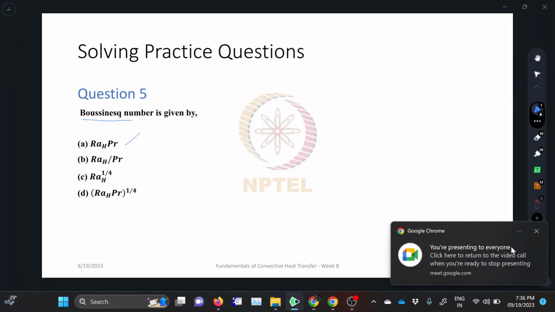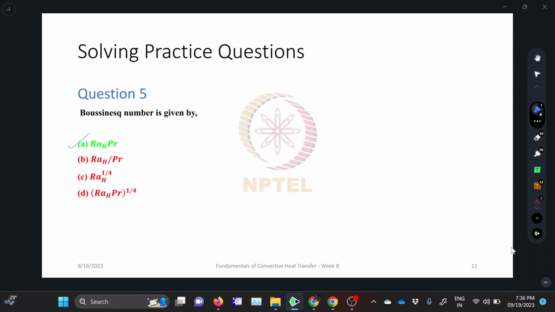Alright, so let's have a look at the solution. It's a straightforward one. So it's option A, Rayleigh number into Prandtl number. In the equations governing natural convection, it's this combination of Rayleigh number and Prandtl number which often shows up, and this is what we define as the Boussinesq number. It's the Rayleigh number with respect to some length scale h, and this is very important because it has a physical meaning as well, representing the ratio between the buoyancy forces and the viscous and inertial forces.